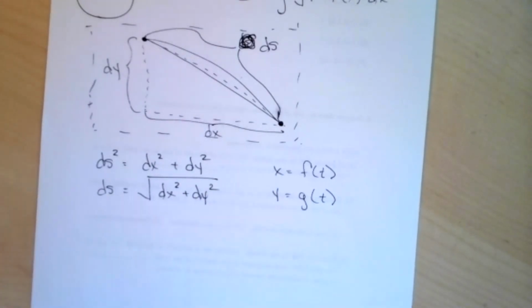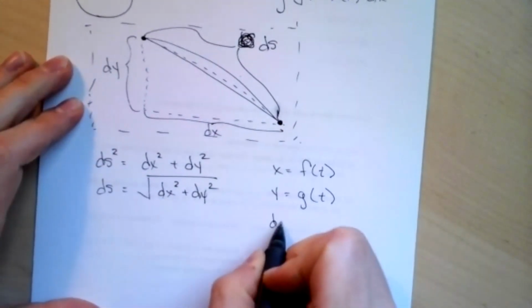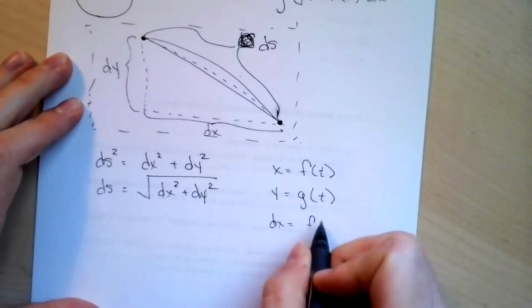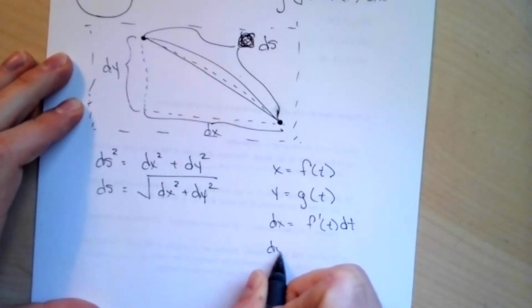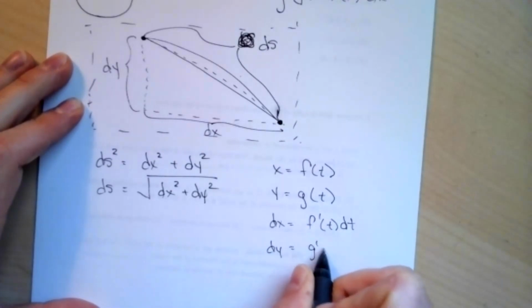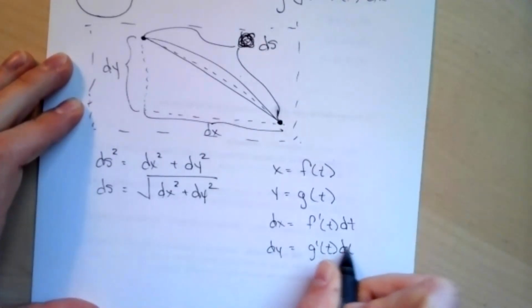And how do we compute the differentials? We take derivatives. So we would simply get that our dx is f prime of t dt, and our dy is g prime of t dt.